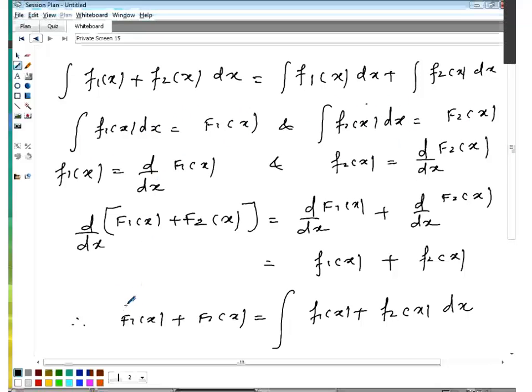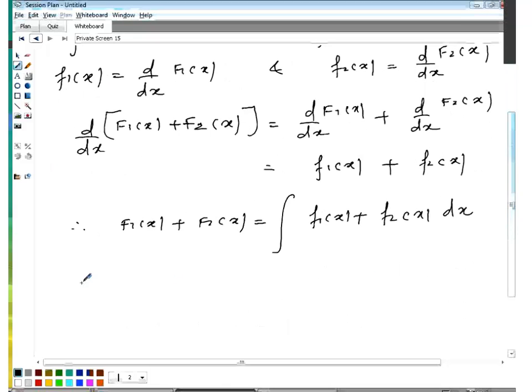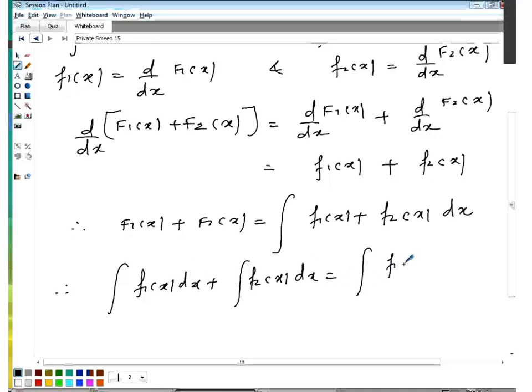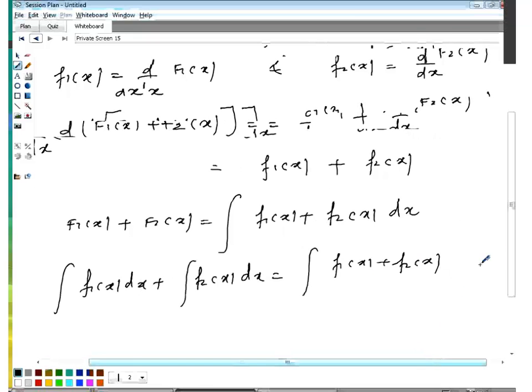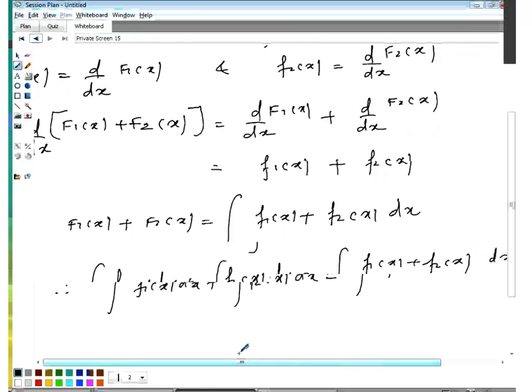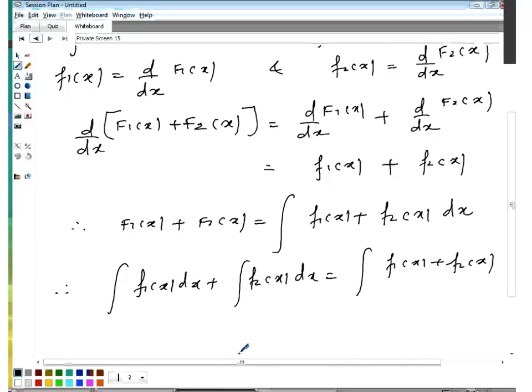So let's put these at appropriate places. So we get integral f1(x) dx plus integral f2(x) dx equal to integral this plus this dx. So if you have any questions, let me know.